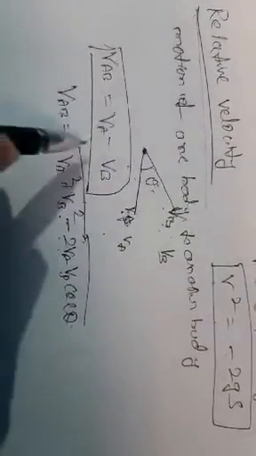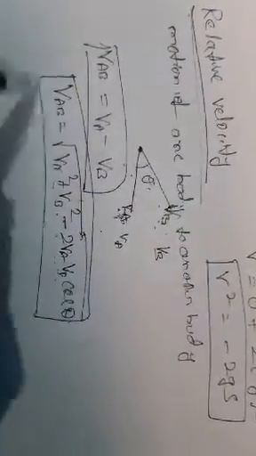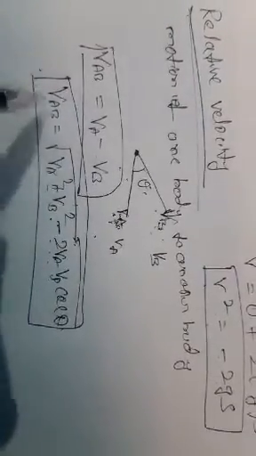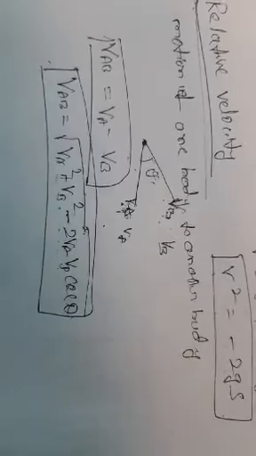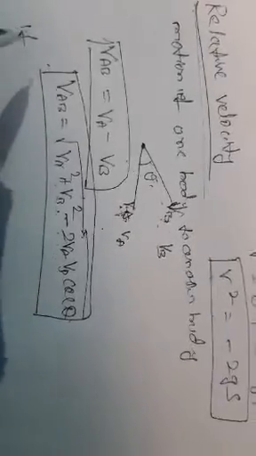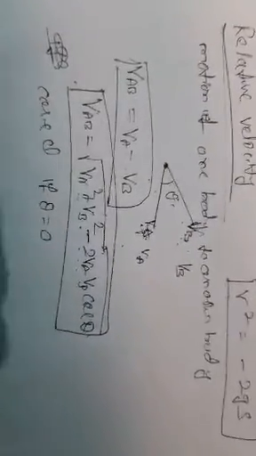This equation gives the magnitude of the relative velocity. This is the concept of relative velocity. There are three different cases of relative velocity. That is case number 1: if theta is equal to minimum.